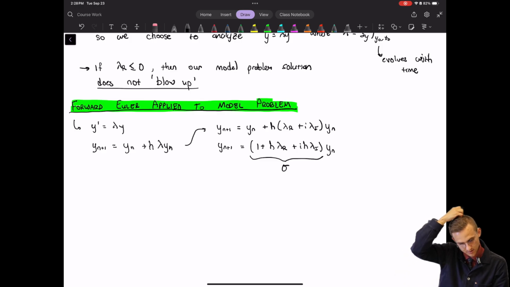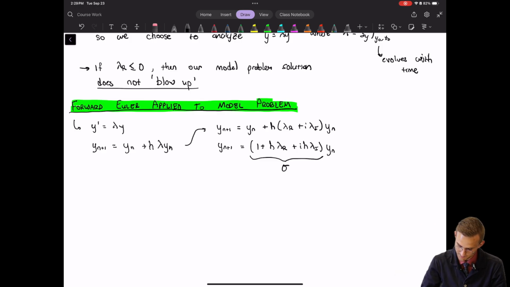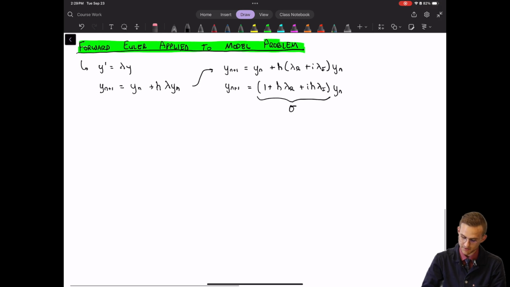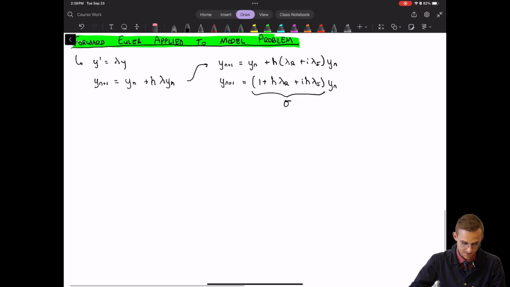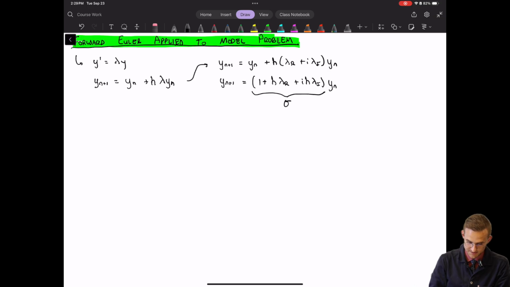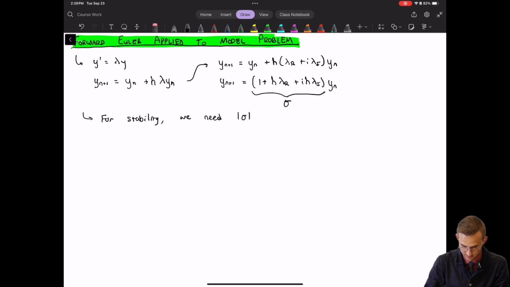So remember, the amplification factor is the number by which you can multiply the dependent variable at the previous time step to get the next time step value. Okay, so for stability, we need the magnitude of sigma, our amplification factor, to be less than or equal to 1, right?